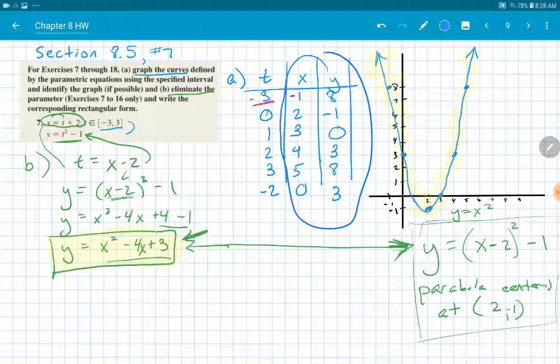This part over here I did a little bit for fun. I just like to see what I'm working with, but it's not part of the answer. But I like to see that it matches. So that is my final answer, the graph and that rectangular form of the equation for the parabola.